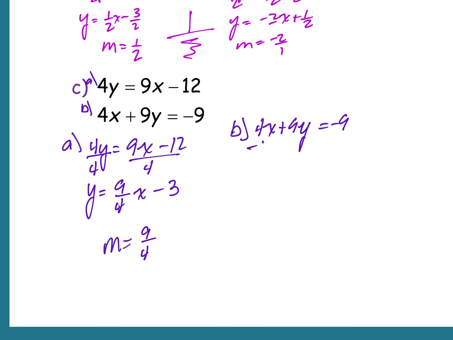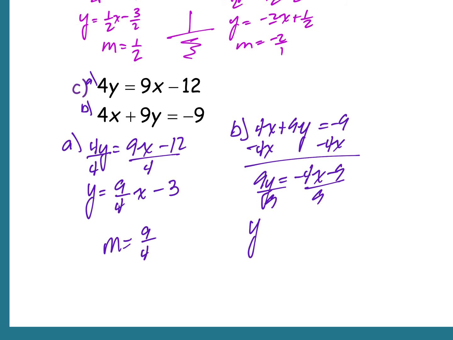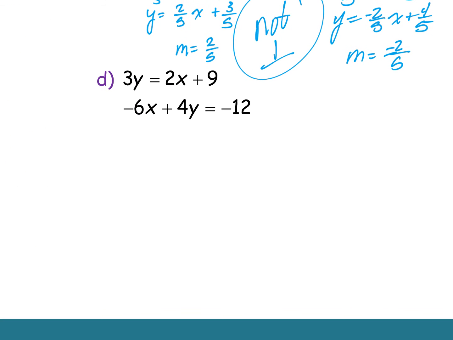Subtract 4x. 9y equals negative 4x minus 9. Divide by 9. Y equals negative 4/9 x minus 1. So my slope is negative 4/9. Reciprocals? Negatives? Perpendicular. Okay, awesome.